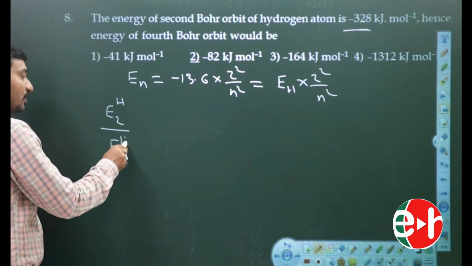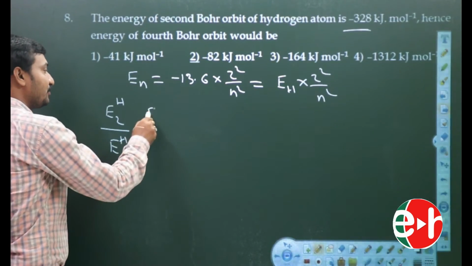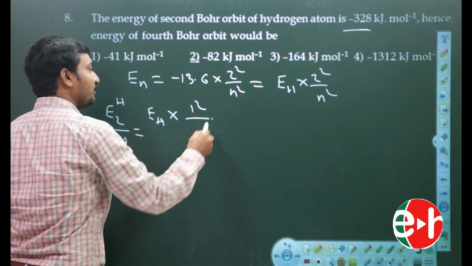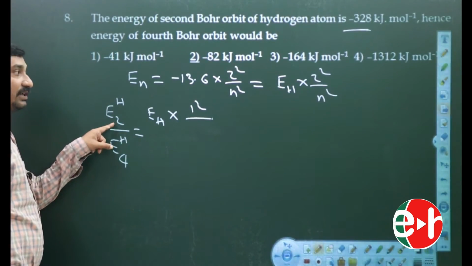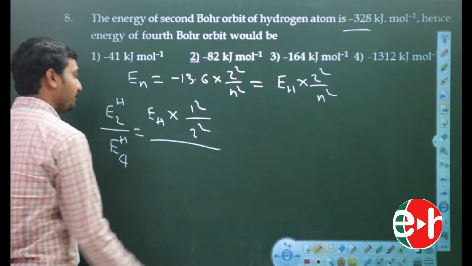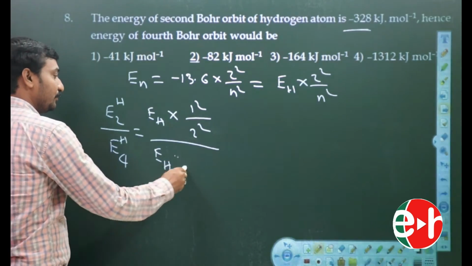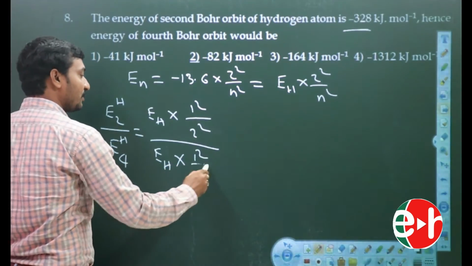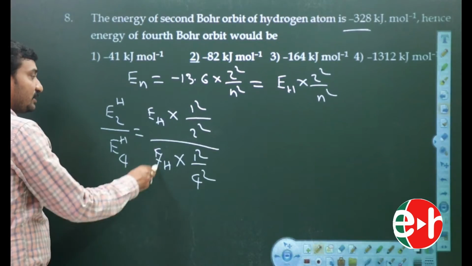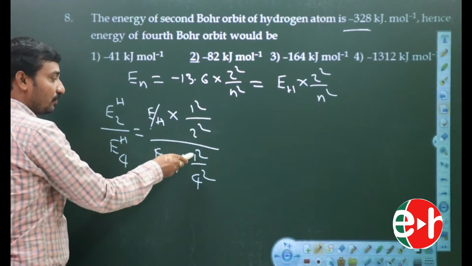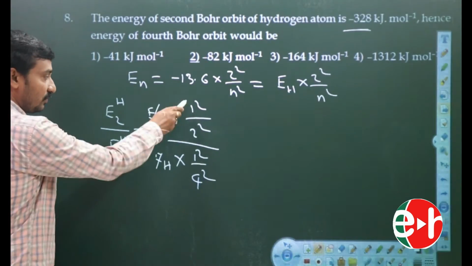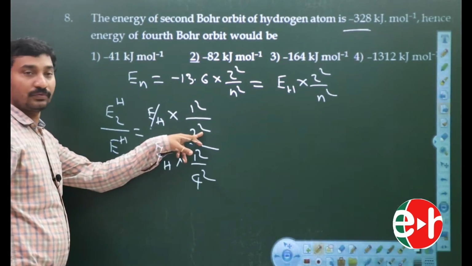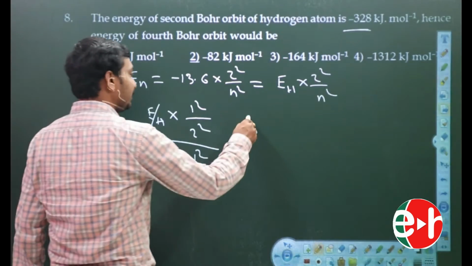E2 by E4 of H is equal to EH into hydrogen atom, so Z value 1, so 1 square by n value 2, so 2 square, by EH into n value 4, Z value 1 square by 4 square. EH by EH cancel, 1 by 2 square, 1 by 4 square, reciprocal, 16 by 4, that is equal to 4.